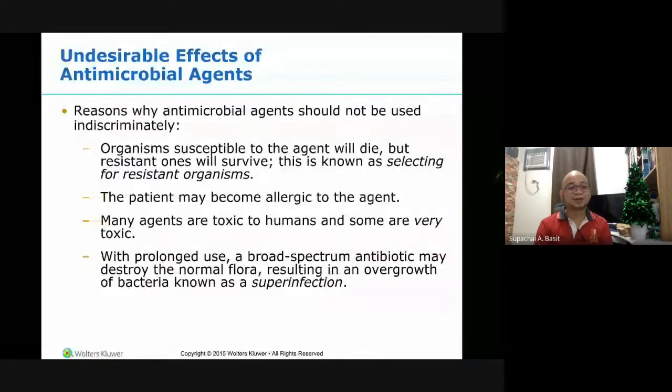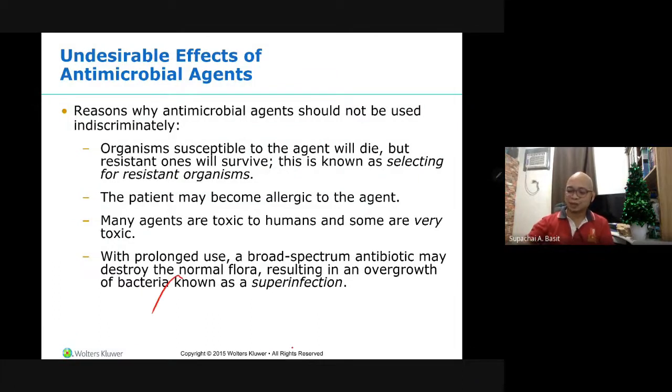With prolonged use, broad spectrum antibiotics may destroy the normal flora. When you say normal flora, this is what you call normal microbiota, which means that these organisms are normally present, resulting in an overgrowth of bacteria known as superinfection.